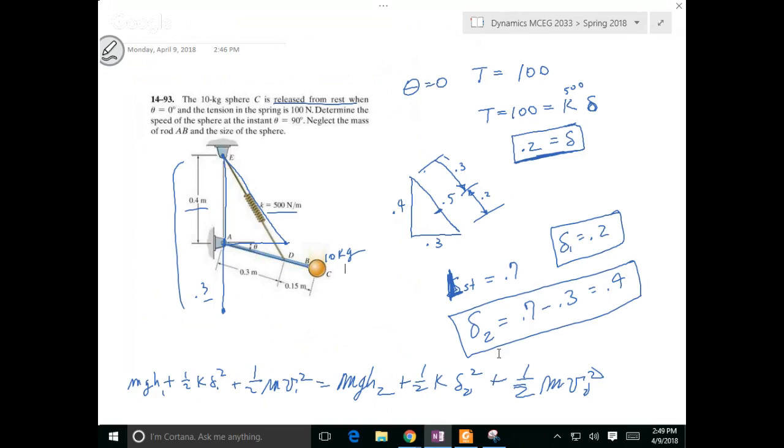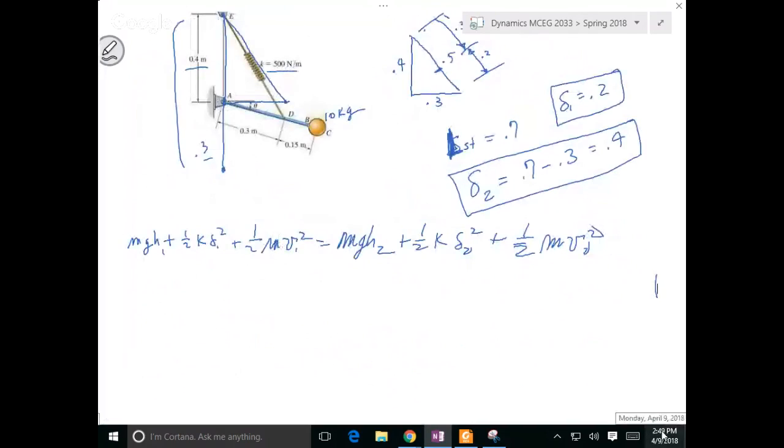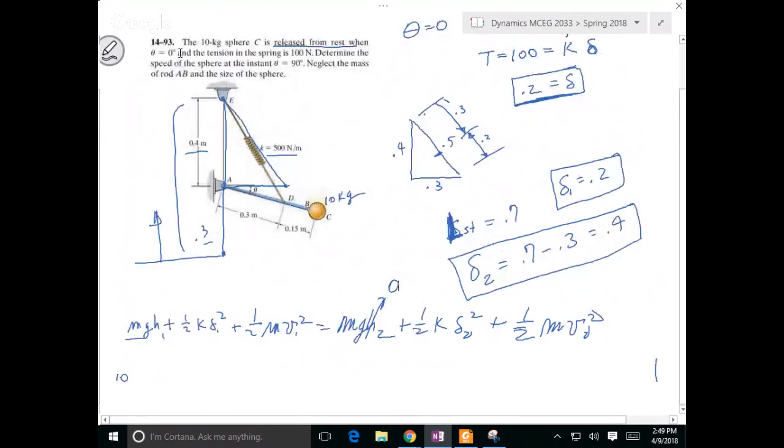Okay, so I'm going to make my datum all the way down here. So that means this term is 0. I released it from rest when theta is equal to 0.